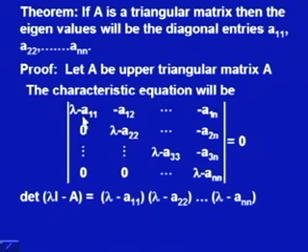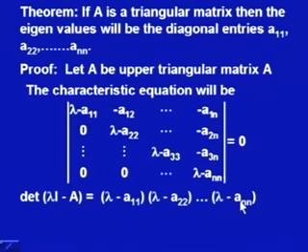Now, we are expanding this determinant along this column. So, lambda minus A11 into this determinant, and the rest of the terms will not contribute anything because they are 0. So, lambda minus A11 into lambda minus A22 into this determinant and so on, and that means it is lambda minus A11, lambda minus A22, lambda minus An.